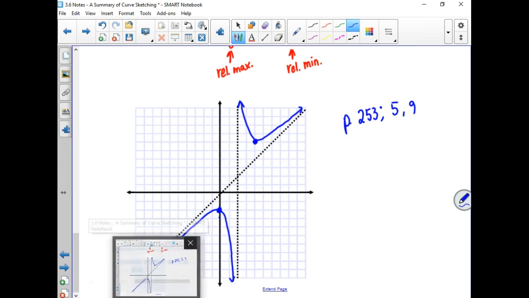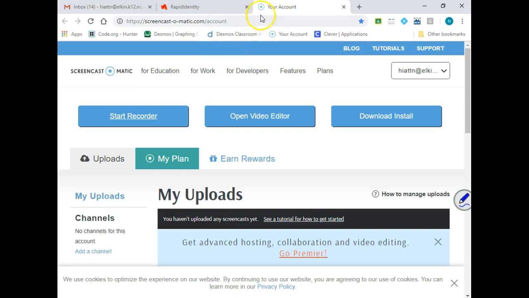Yes, yes. Can I see yours, please? And I want a Desmos graph.